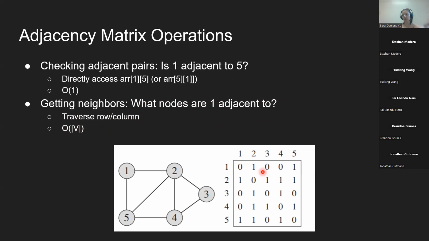If you look at 1, for example, it has 2 edges. You have to check: does it have an edge to itself? No. To 2? Yes. 3? No. 4? No. 5? Yes. It has 2 nodes that it's adjacent to, but it had to traverse through all the vertices to check it. So the complexity is O(V).